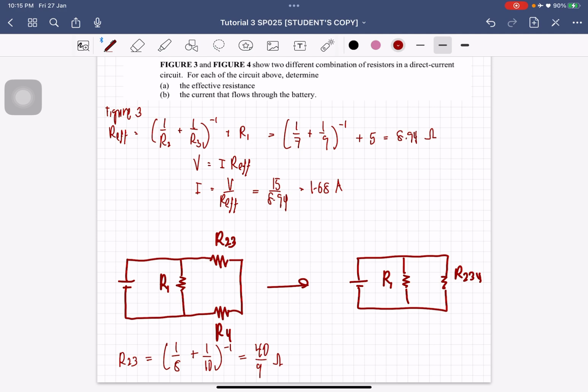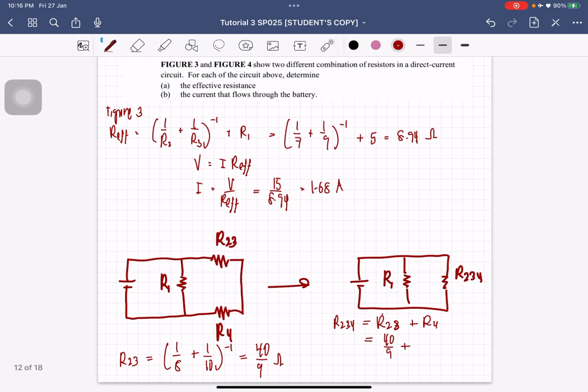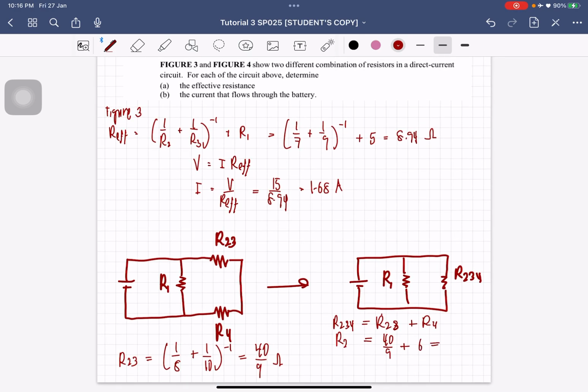Then we have to calculate R234, which is in series. R234 is R23 plus R4. So that is 40 over 9 plus R4, which is 6 ohm, which will give you 94 over 9 ohm.